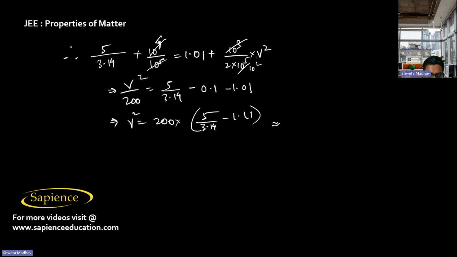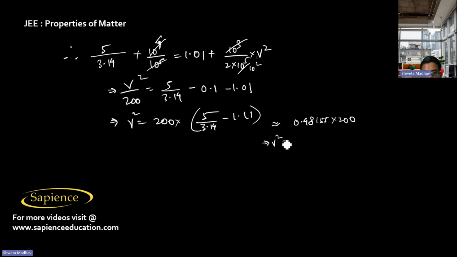This will be approximately 0.48, 155 into 200.